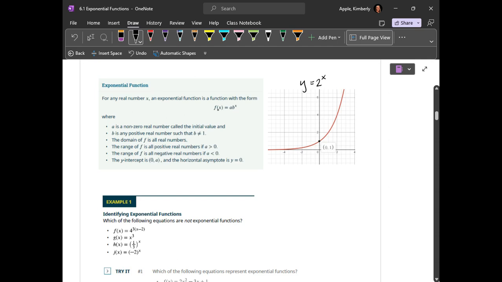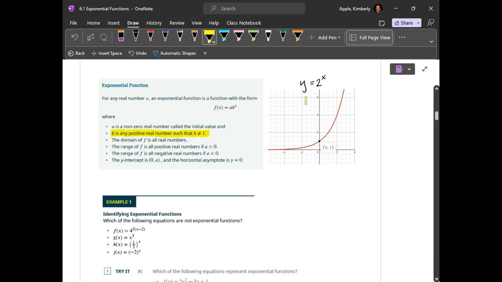So we take the output, f of x, is equal to a, some number that is not 0. a is the initial value, and b is the growth or decay rate, or the multiplicative growth rate. It cannot be 1, and it cannot be negative. So again, you can note here, b is positive and not 1.